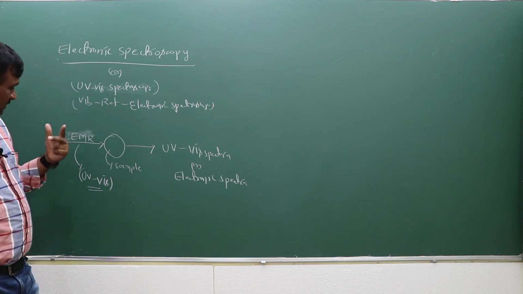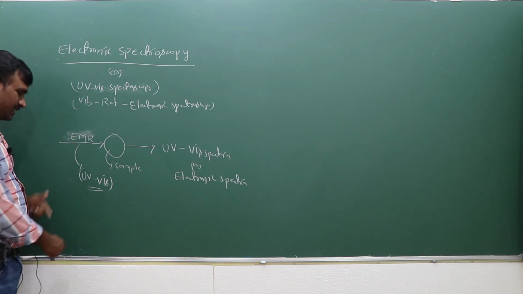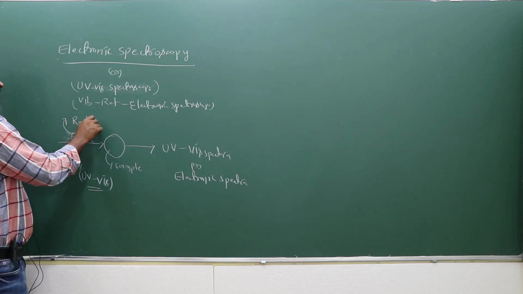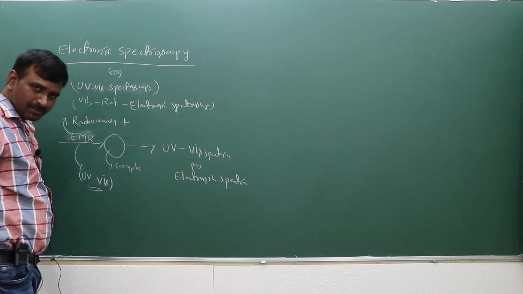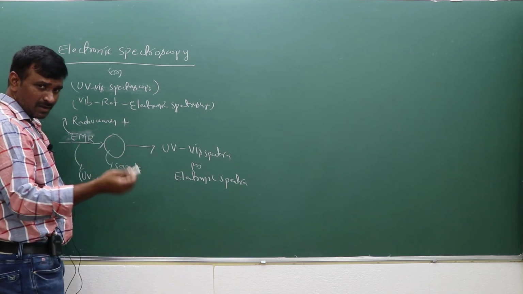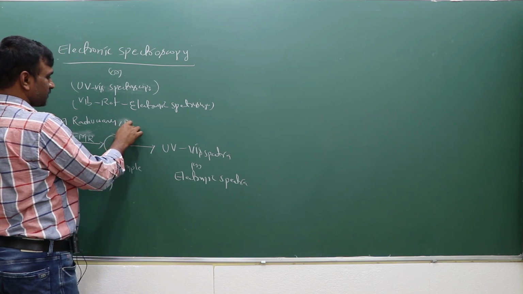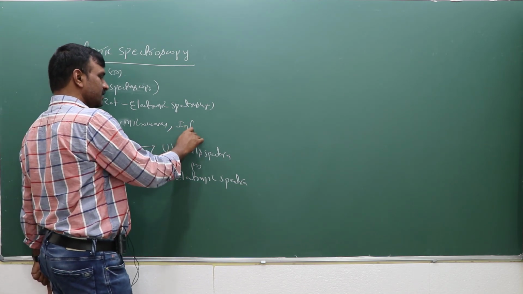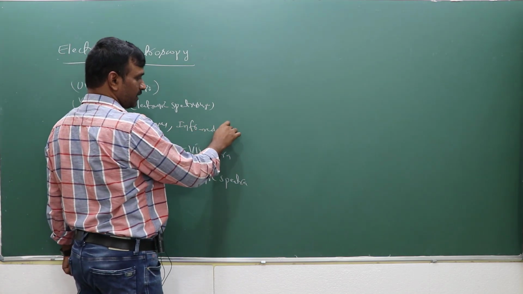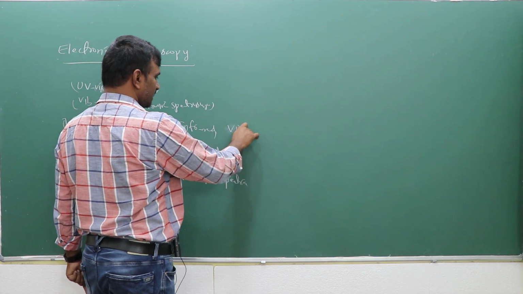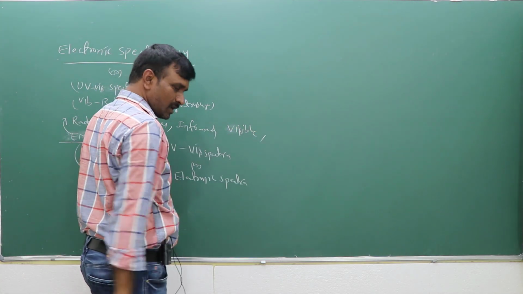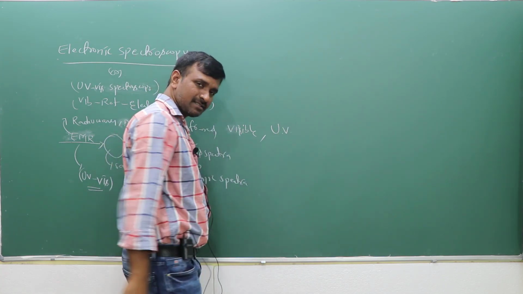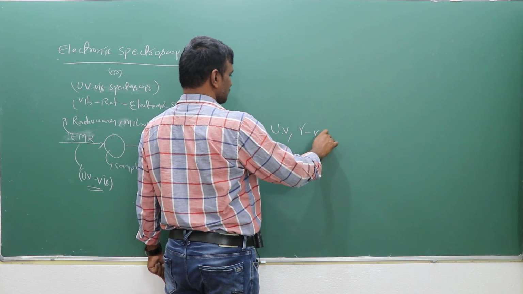So depending upon that, the electromagnetic range of radiation is nothing but which radiations? Radio waves, microwaves, infrared, visible light, ultraviolet light, X-rays, gamma rays, and so on. Different kinds of rays are there.